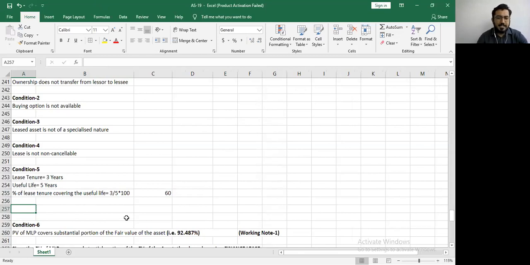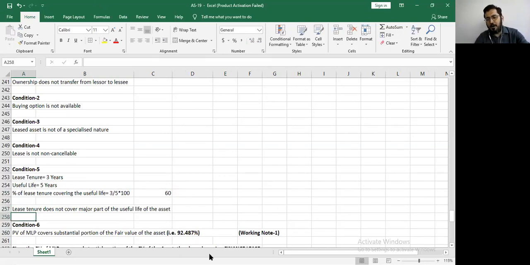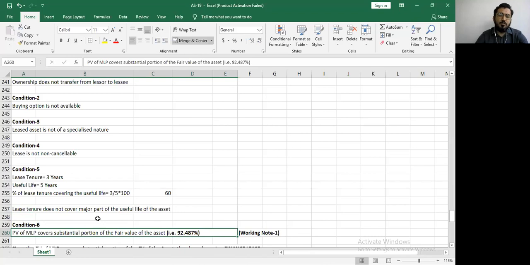Since 60 is less than 75, we will put over here: lease tenure does not cover major part of the useful life of the asset. So this condition is also not satisfied.